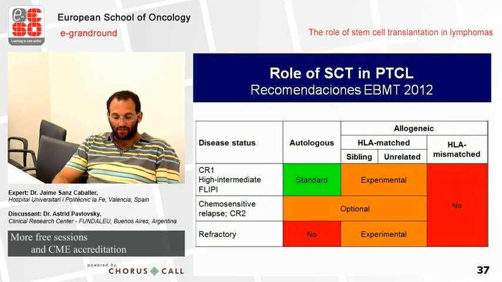Phase 2 prospective trials and retrospective studies indicate the potential benefit of reduced intensity conditioning allos in patients with peripheral T-cell lymphomas in second response. There is almost no information on allo stem cell transplant as early consolidation therapy for patients with peripheral T-cell lymphoma.